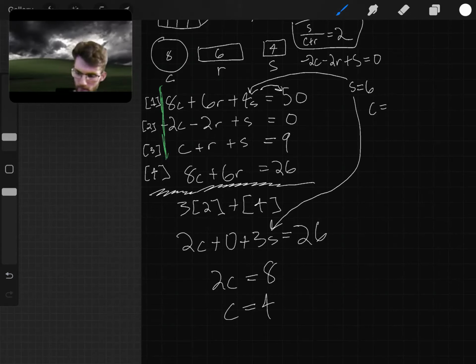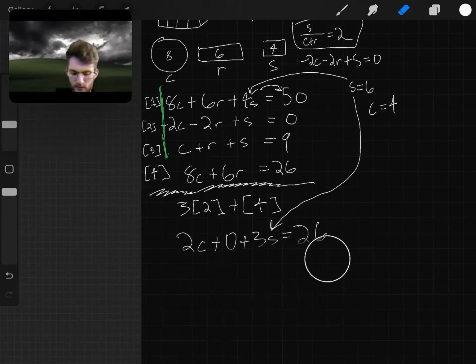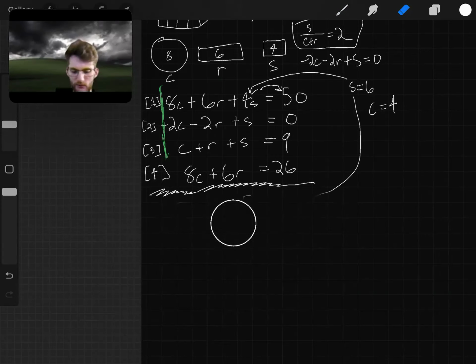All right. The only unknown is R, and that is really easy to find if I do substitution for equation 3.